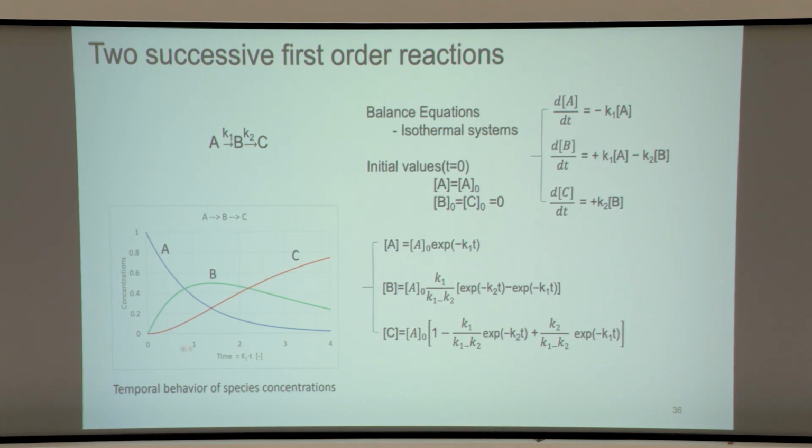As A is decreasing, B is formed, but as B is increasing, it also has to start being consumed to form C, so species C is continuously formed. This is assuming you have some values of K1 and K2, which relate how fast A is consumed to form B, and how fast B is consumed to form C.